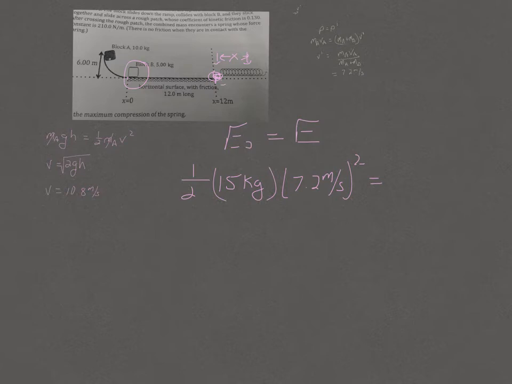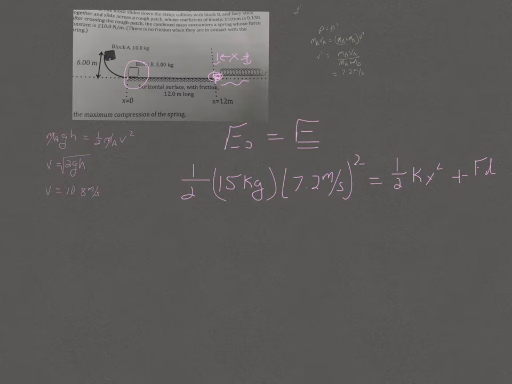So even though there is no friction once it hits the spring, we can combine both the gain of the spring energy and the loss of friction into the final energy here. So we know we're going to end up all with spring. But we lost energy due to friction.